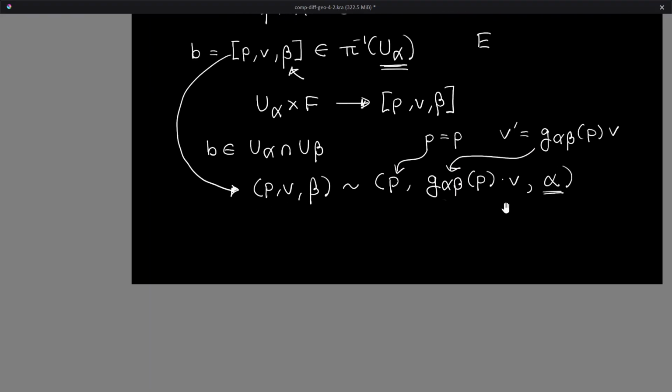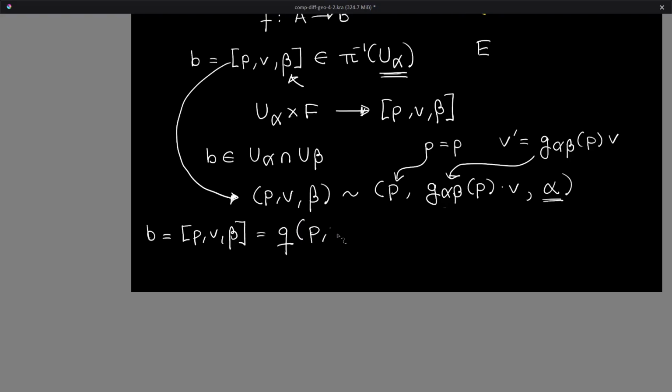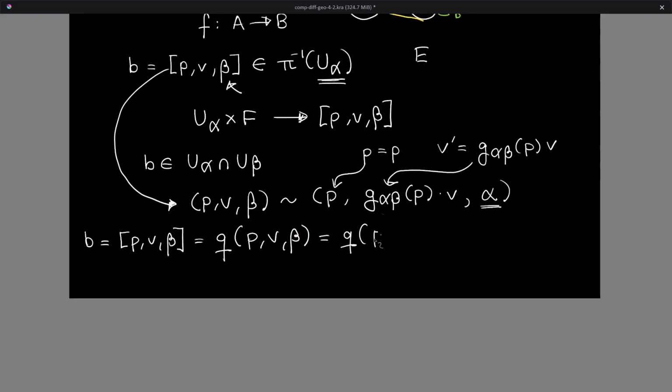But if this equivalence relation is true, then Q of P V beta. Okay, let's start from the beginning of the chain. B is equal to P V beta, right? Which is equal to the deduplication of P V beta, which is equal to, from here we know, Q of P G alpha beta of P dot V alpha.